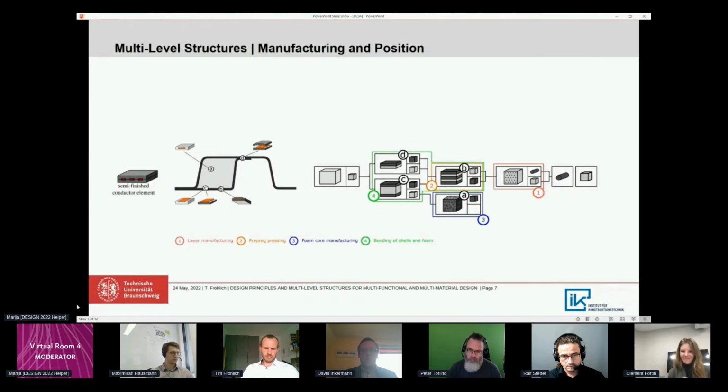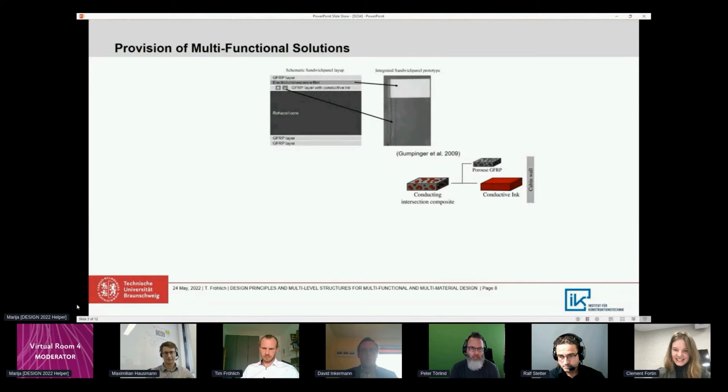An integration into the foam core, for example, results in a very low influence on the insert by the adhesive bonding, whereas an integration into the laminate causes high temperatures and pressures due to the pressing process. So the multi-level structures can also consider the manufacturing process route of the resulting component and, therefore, possible positions of an integration. Of course, multi-level structures can also depict multifunctional solutions.